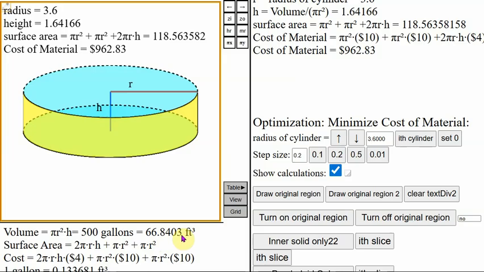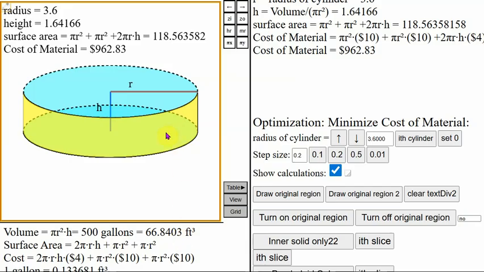66.8403. For a right circular cylinder, the volume is pi times r squared times the height, and in this case it's fixed at 66.8403.